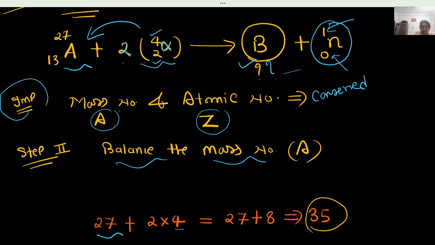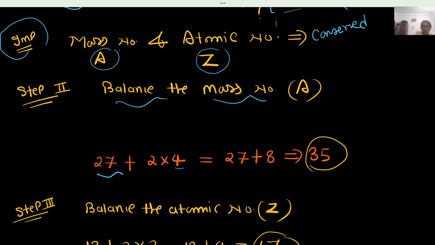On the right hand side there is only B and the neutron. So on the left hand side the mass number is 27 plus 4 into 2, which is equal to 35.